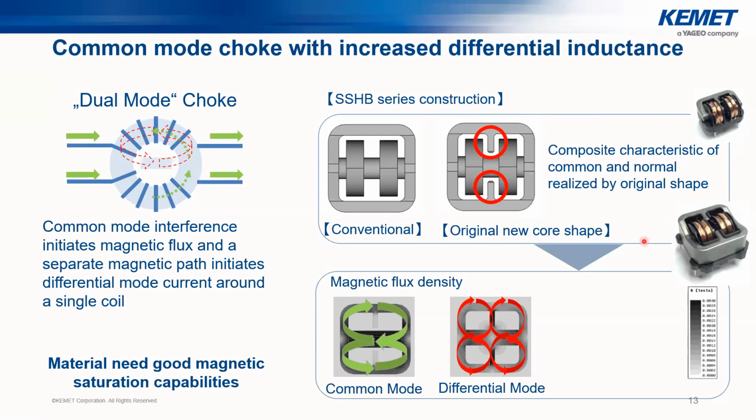It's also very important to understand that the differential mode inductance of such dual mode chokes is a small fraction of the total common mode inductance that you get out of this choke.